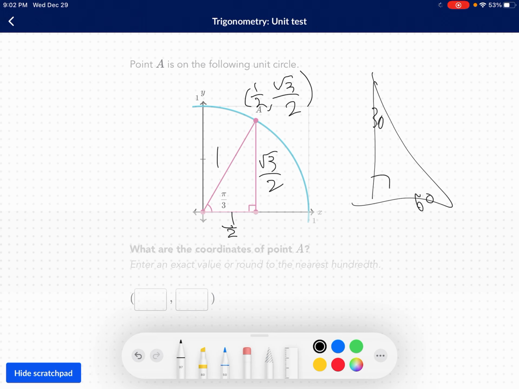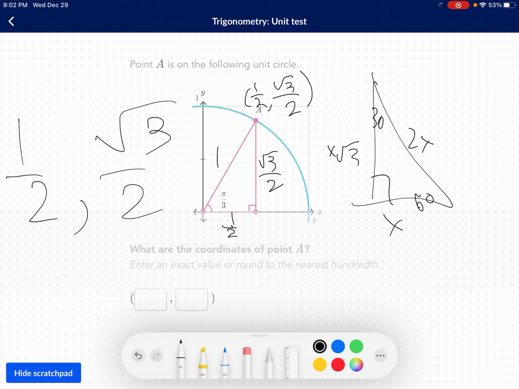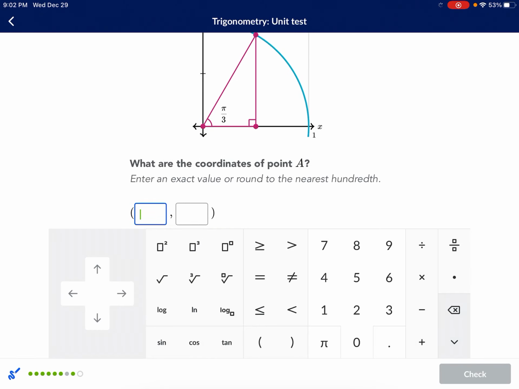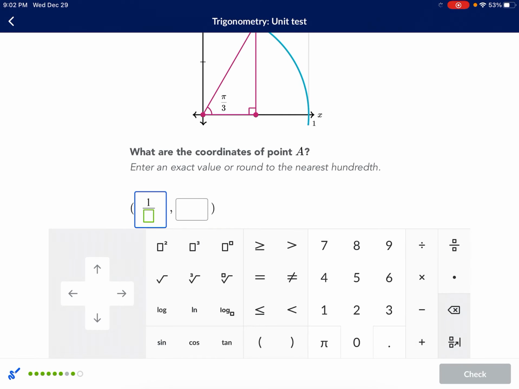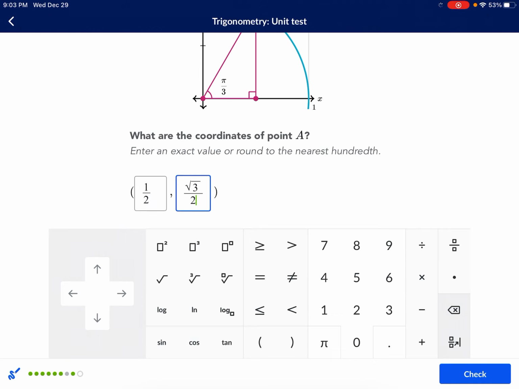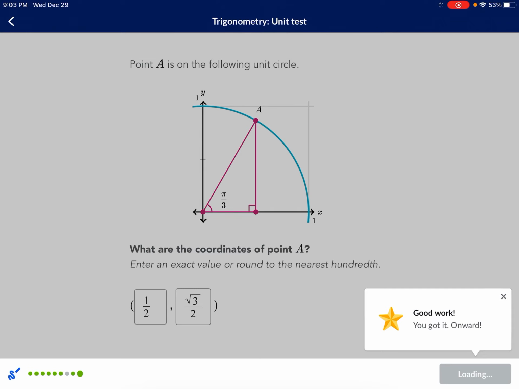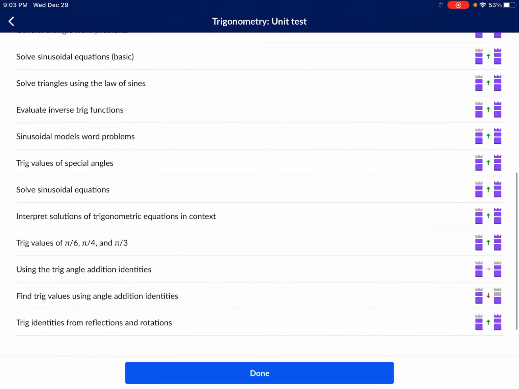Because in a 30, 60, 90 triangle, 2x, this is x root 3. Yeah, so it's 1/2, root 3 over 2. Nice.